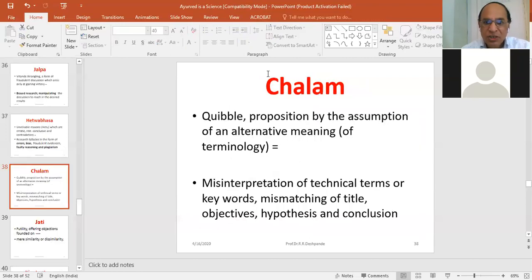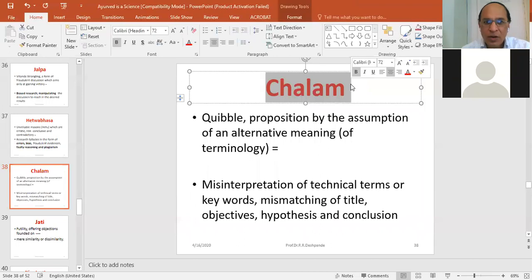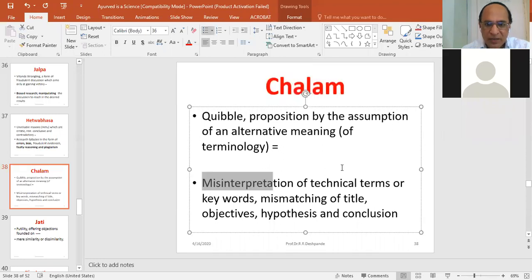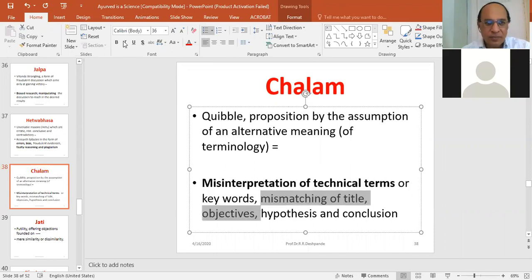Next, Chal. Actually, the pronunciation, or in writing, you write Chal. So, Chal is a misinterpretation of technical terms or keywords, and mismatching of titles and objectives.